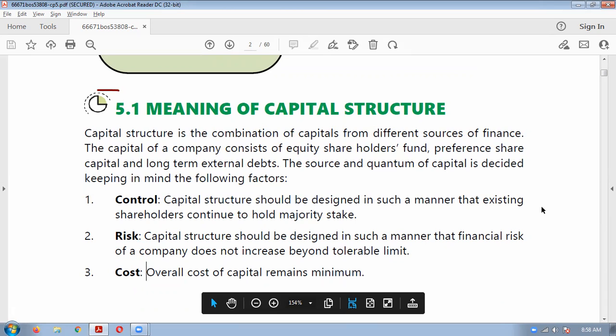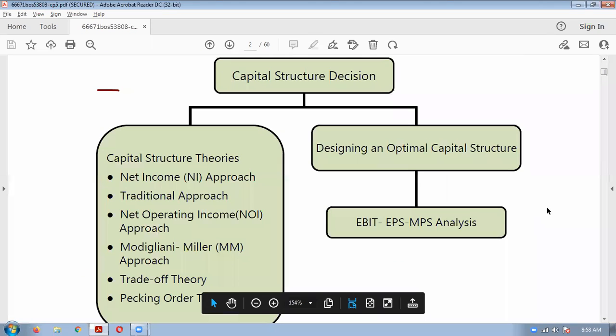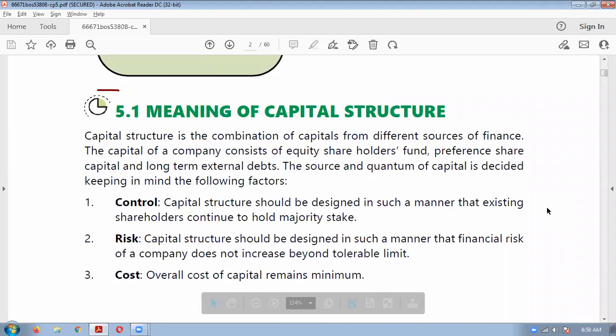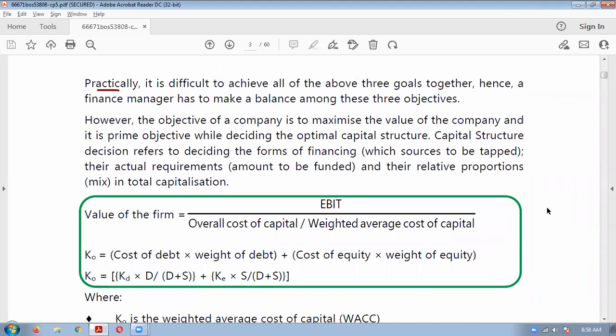So practically, these three goals are conflicting. It is not practically possible to achieve three goals together because they cannot work together. Hence, the finance manager has to make a balance among these three objectives.